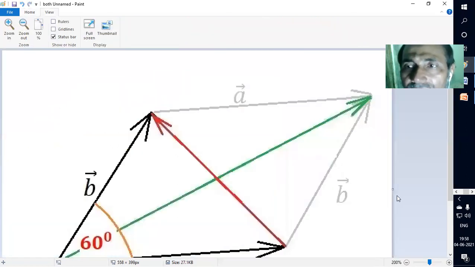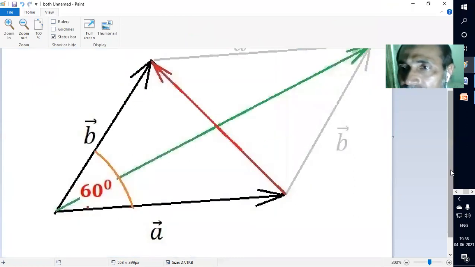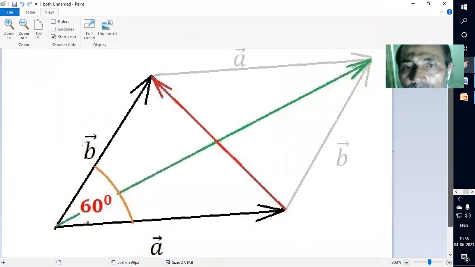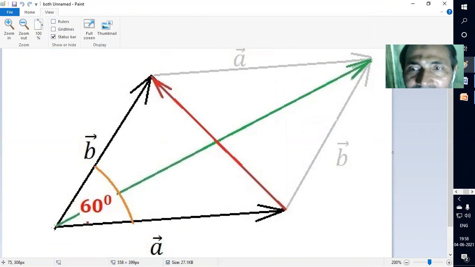You can see here, vector B, vector A, these two vectors are having their tails at the same common point. Then the resultant of these two vectors, if you add, is shown by this green color arrow. This green color arrow is indicating that sum of the two vectors.